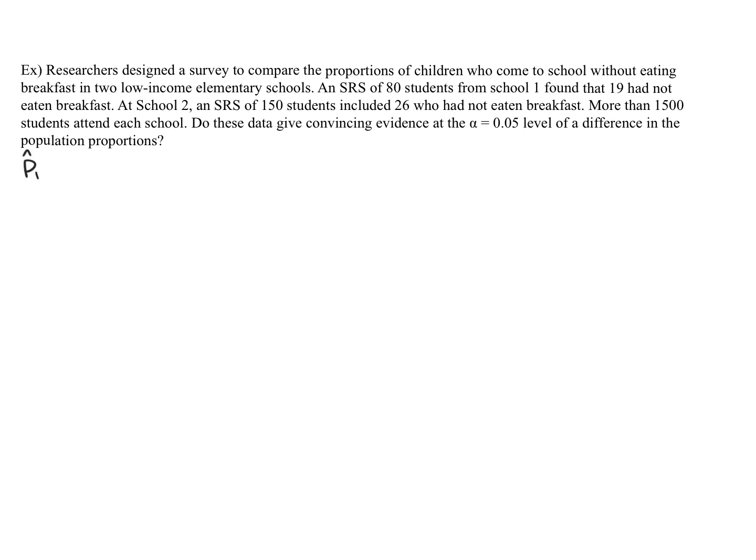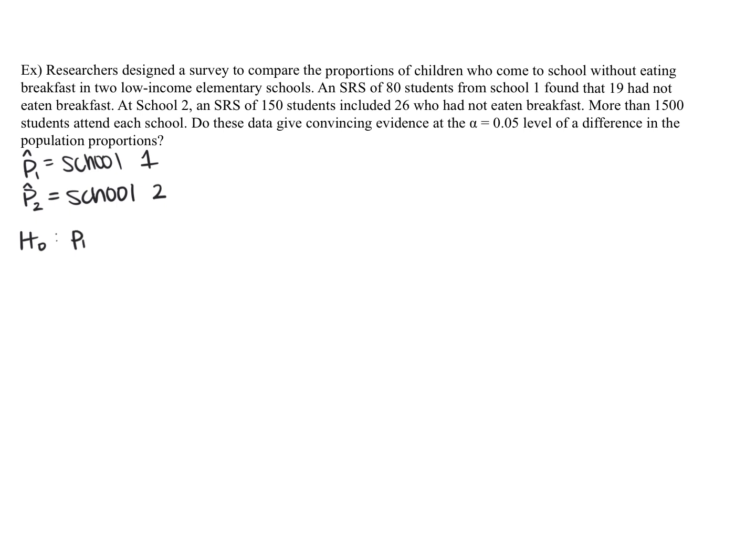So the first thing I'm going to do is define my P1 hat and P2 hat. P1 hat is going to be School 1. P2 hat is going to be School 2. So we are trying to determine if there's a difference in the population proportions. So our null hypothesis is going to be that there isn't a difference.